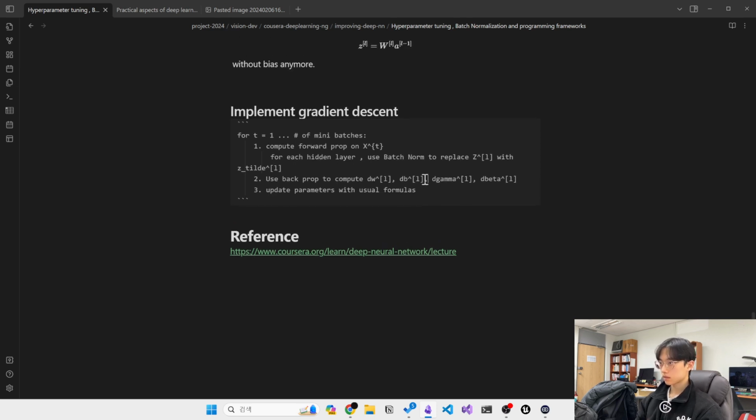But this also works with gradient descent with momentum, or RMS prop, or Adam, where instead of taking this gradient descent update, you could use the updates given by these other algorithms, as we discussed in the previous week's videos. So these other optimization algorithms as well can be used to update the parameters beta and gamma.